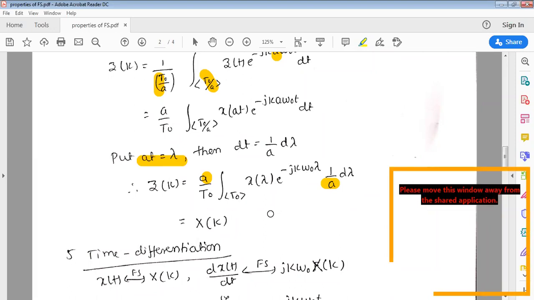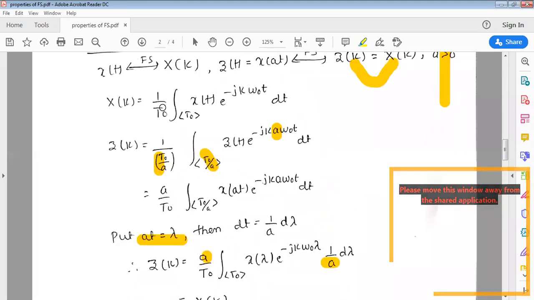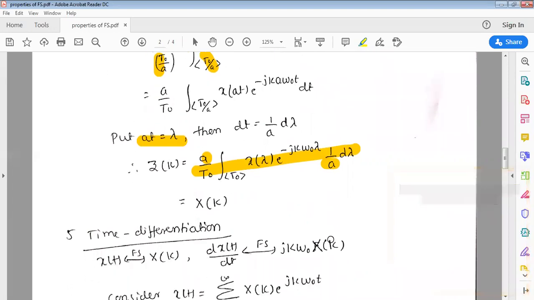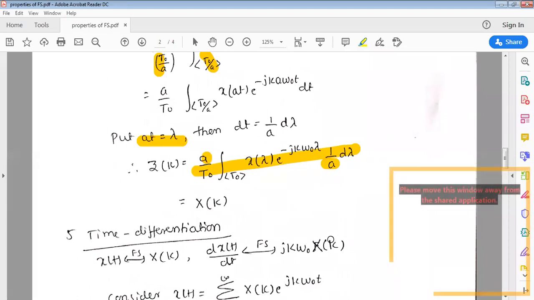This is nothing but your x of k only. So there is no change between this equation and the earlier equation. Therefore x of k remains unchanged. So when you know the Fourier series of a periodic signal, if you compress it by a factor, say by 2 or 3, the Fourier series will remain unchanged. That's what the theorem is saying.